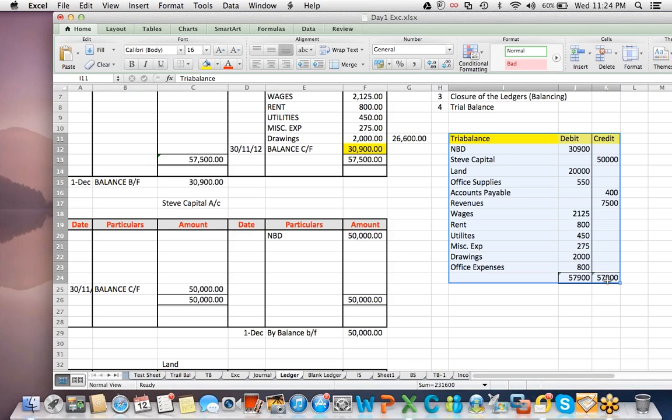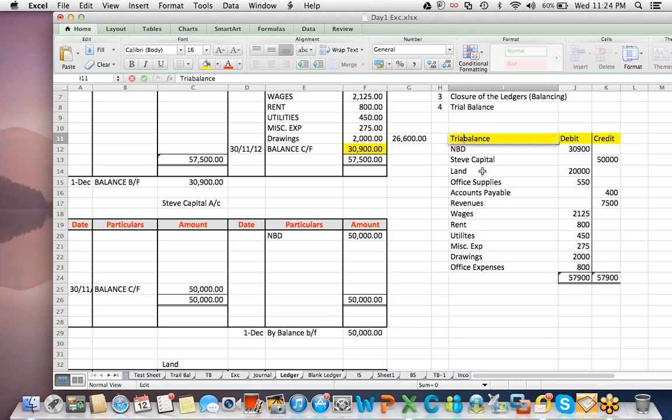Once the audit is carried over, auditors will suggest that we pass some journal entries for adjustments based on their findings. Then we need to pass those journal entries. The trial balance which we prepare after that is called the post adjustment trial balance.